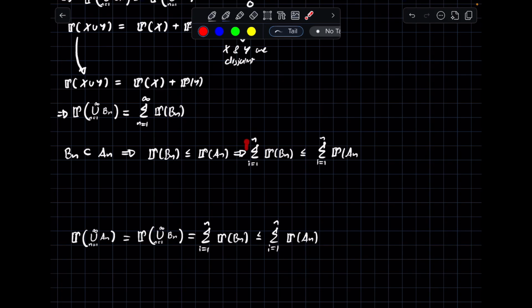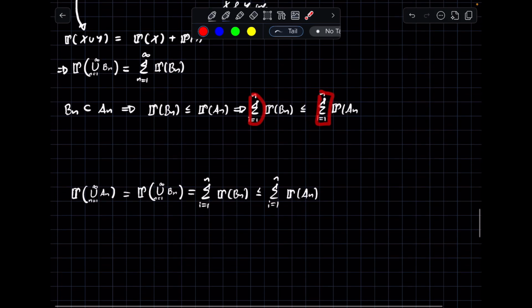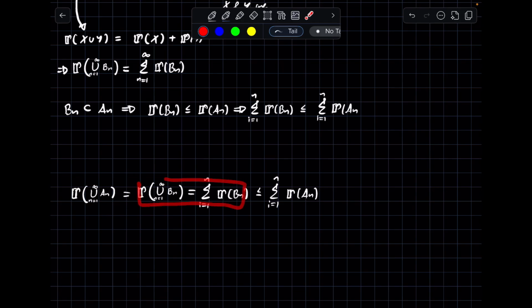And we know for a fact that this also applies to the sums, right? So now we just put everything together. We know that this is equal to this, as we already stated, and this one is equal to this, as we already stated.